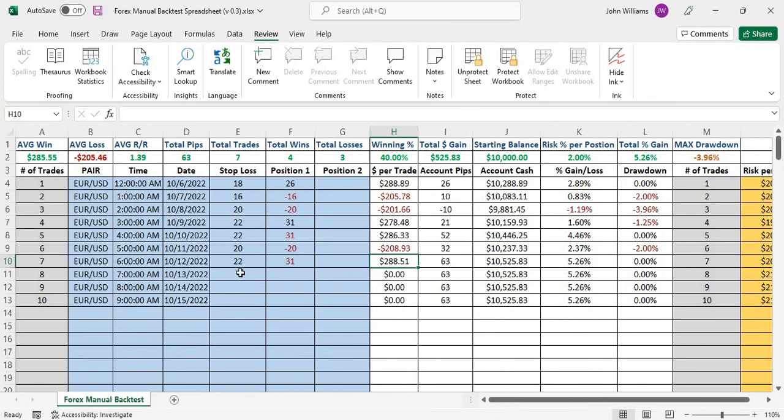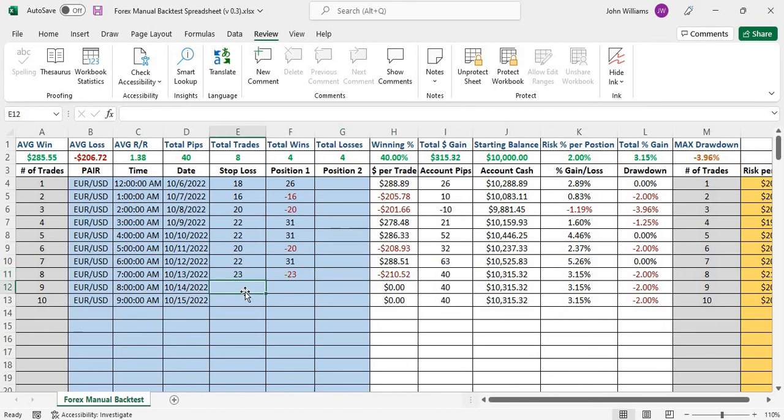And then our 8th trade now. Let's go with 23 as a stop loss. And let's just say we have a negative 23. All right, so that would be our loss.